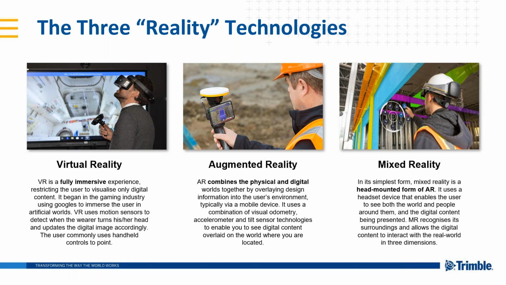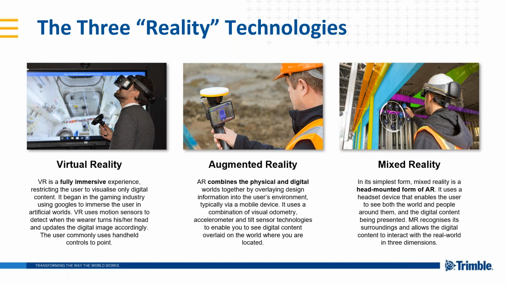Augmented reality, on the other hand, is the combination of the physical world and the digital world. In terms of SiteVision, that is overlaying digital information on a video stream on a mobile device, and that's what we'll discuss more in a moment.